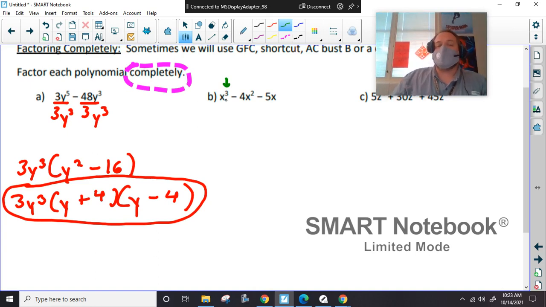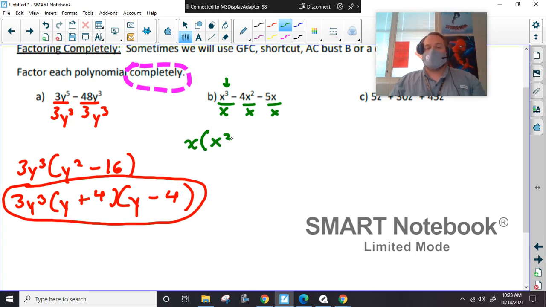But what do we notice that all these terms have in common? An x. So we can actually divide that out first. So if I had 3 and I took 1 away, now I have x to the second, or x squared.